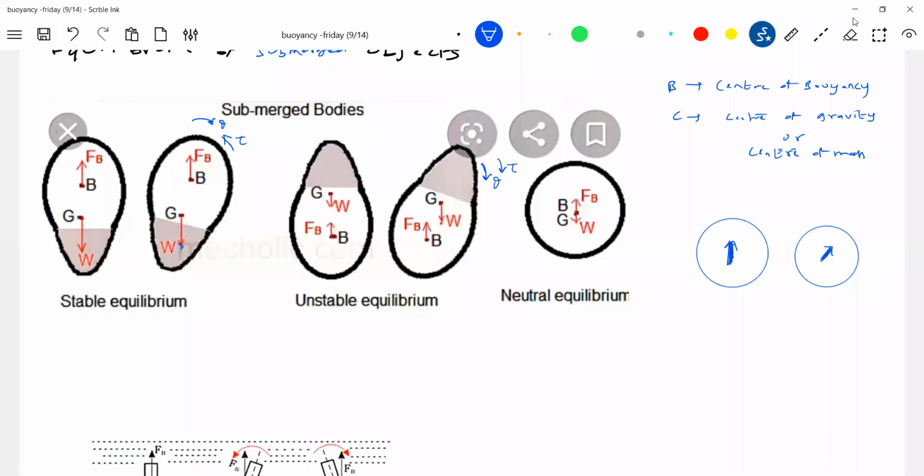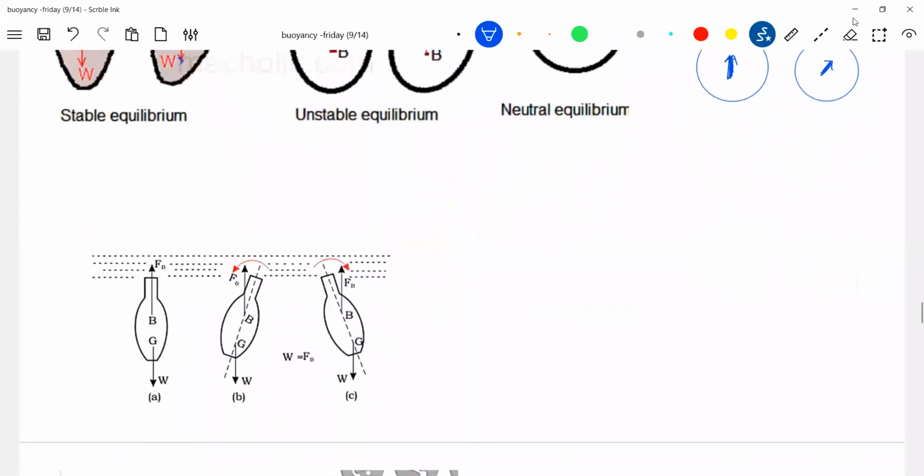So I brought some other shaped rod again. Here a clear diagram is also given.